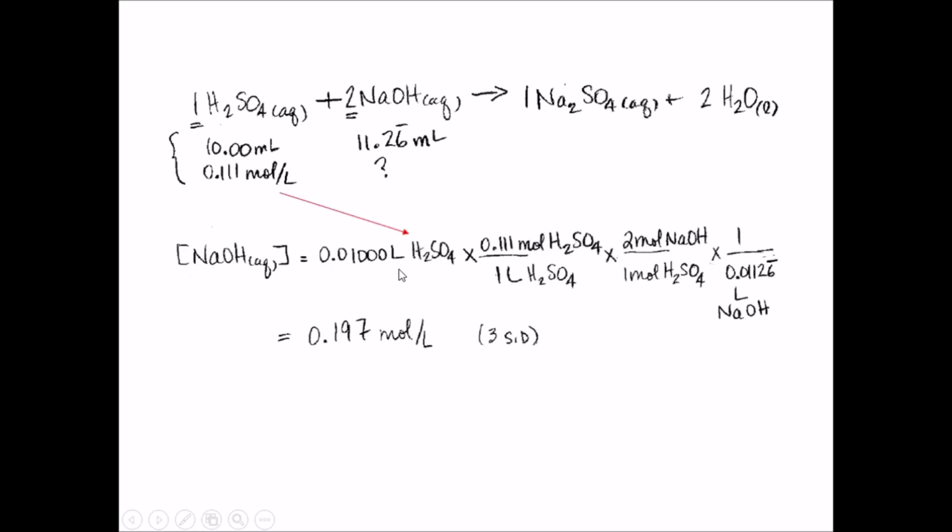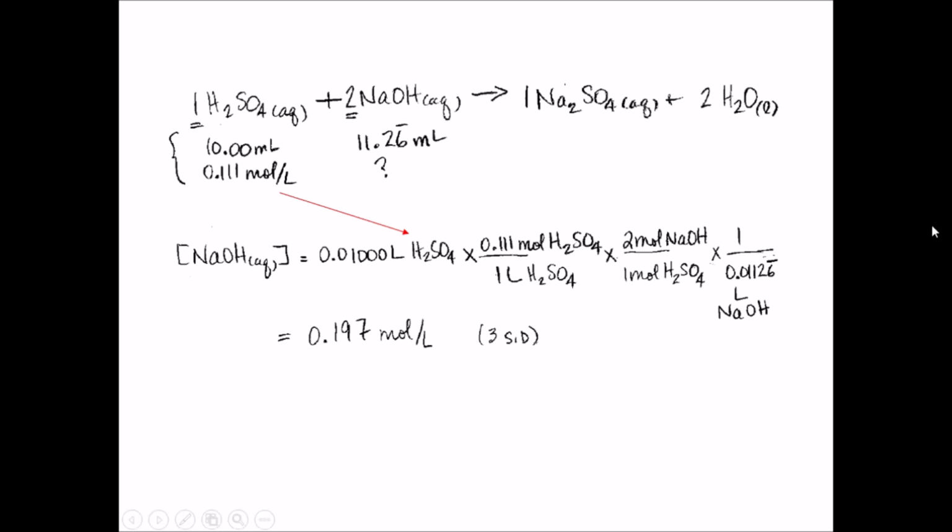To do so, we are going to start with the volume of sulfuric acid in liters, and we are going to times it by the moles per liter. This will get our answer into moles of sulfuric acid. We can then use the molar ratio in the chemical equation to convert our answer to moles of sodium hydroxide.